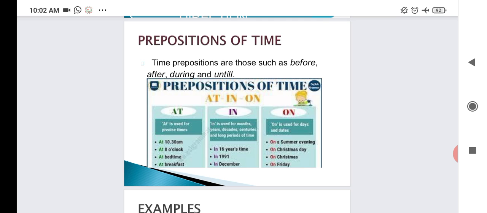For example, at is used for precise times. ચોક્કસ સમય દર્શાવવો હોય આપણે કે I will come at 1 o'clock. For example, તો તમે એટનો ઉપયોગ કરો છો and especially to show time. At 8 o'clock, at bedtime, at breakfast. જો તમે માર્ક કર્યું હોય તો it is used for precise time.